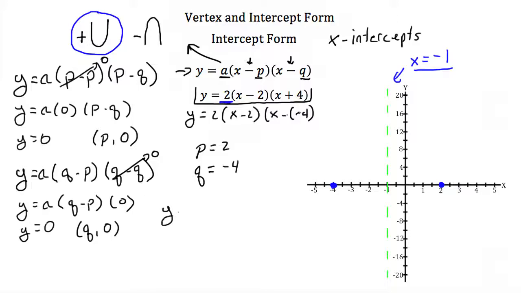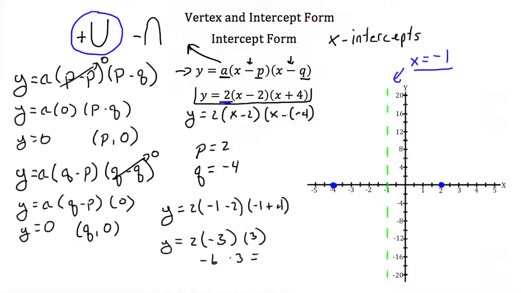So we'll get y is equal to 2 times (negative 1 minus 2) times (negative 1 plus 4). If we simplify that, we get 2 times, well, negative 1 minus 2 is a negative 3, and then negative 1 plus 4 is a positive 3. So 2 times negative 3 is a negative 6, and then times 3 again is a negative 18. So our vertex then occurs at (-1, -18).